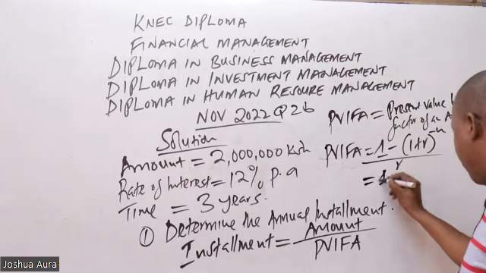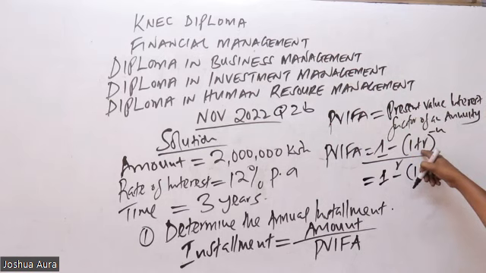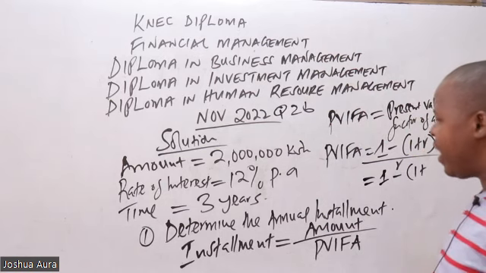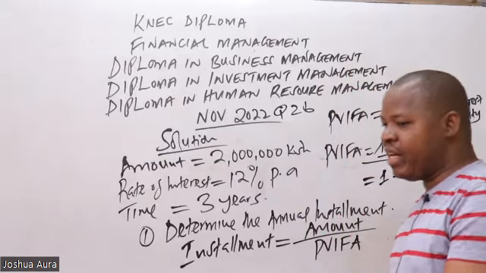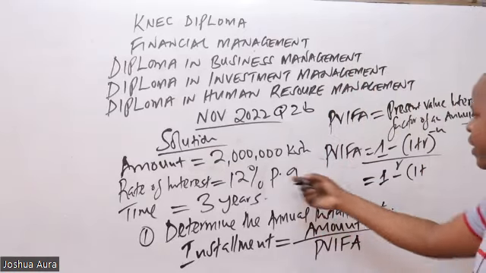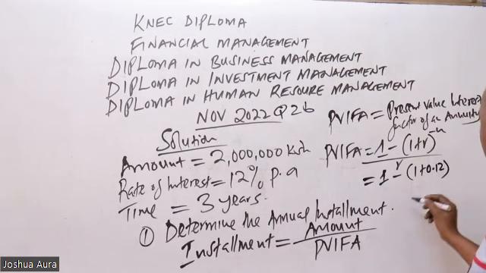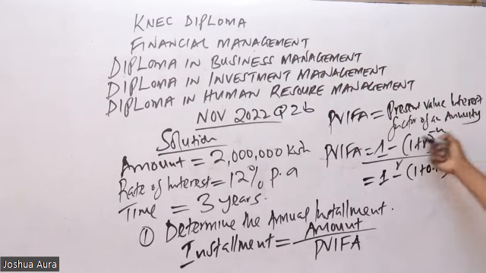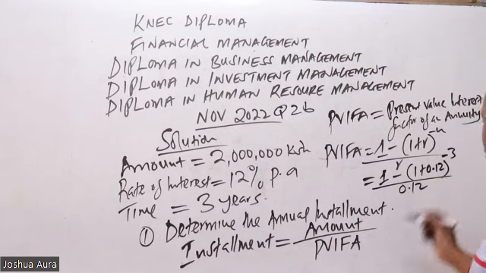Here r is the rate of return, or the rate of interest, which is 12%, that will be 0.12. n is the number of years, and we can see it's 3 years, so negative 3, divided by r, which is 0.12, that is 12%.